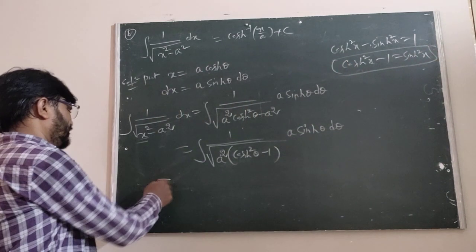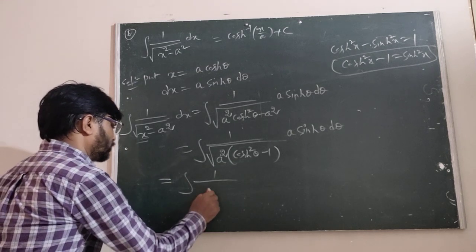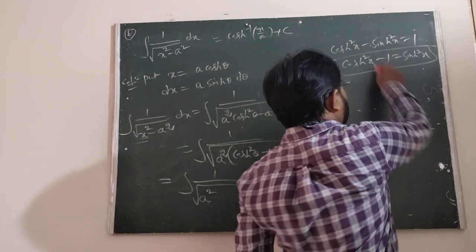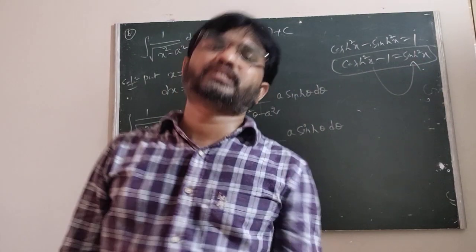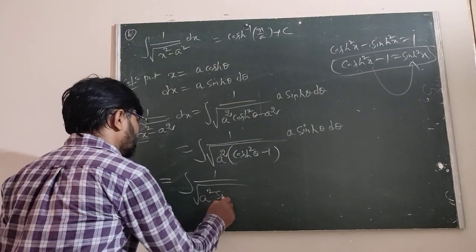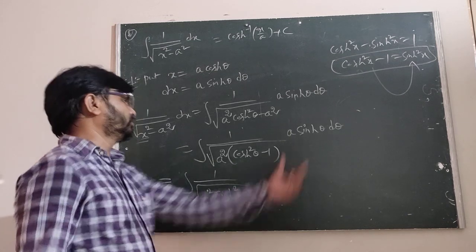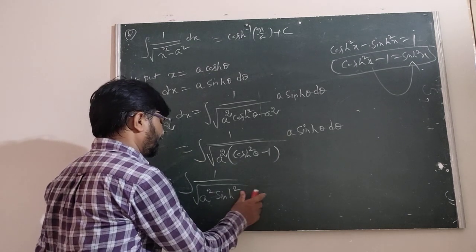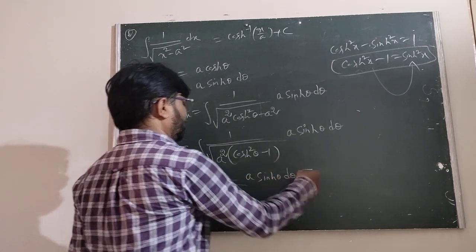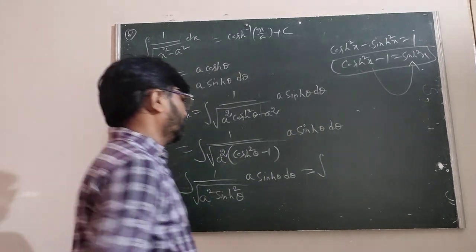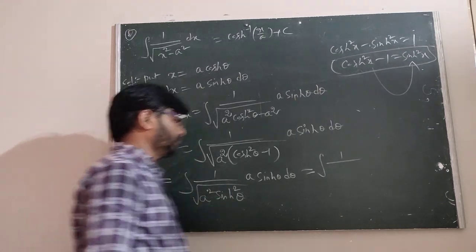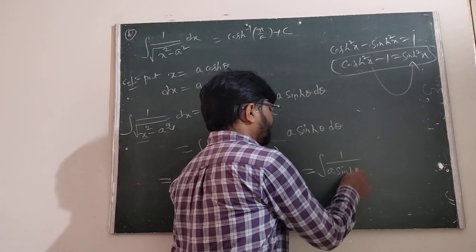Therefore, the integral of 1 by under root a square cosh square theta minus 1 is sinh square theta. Cosh square theta minus 1 is sinh square theta.